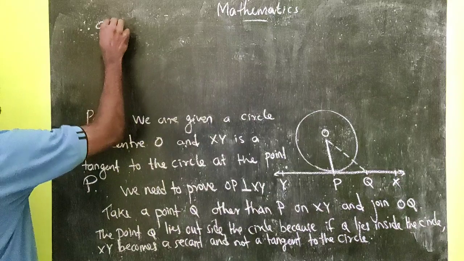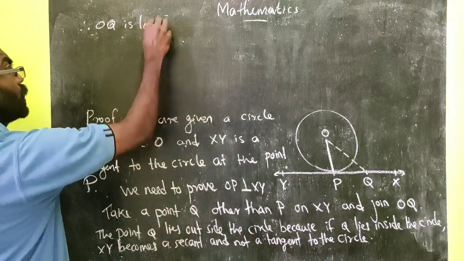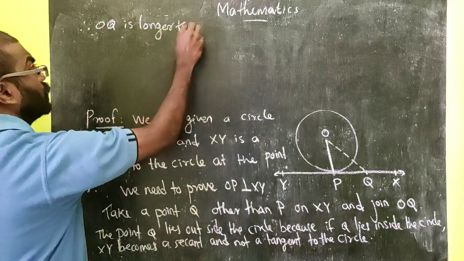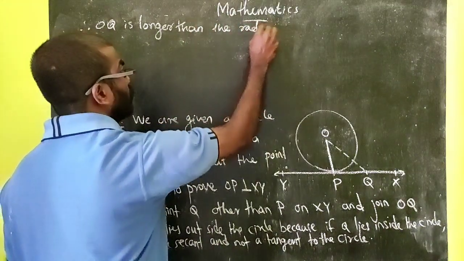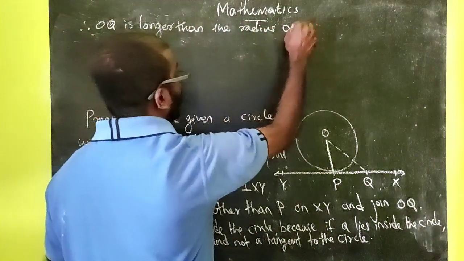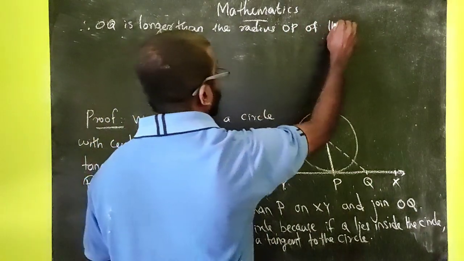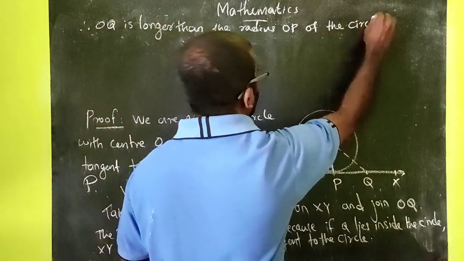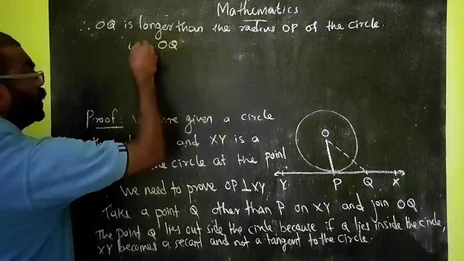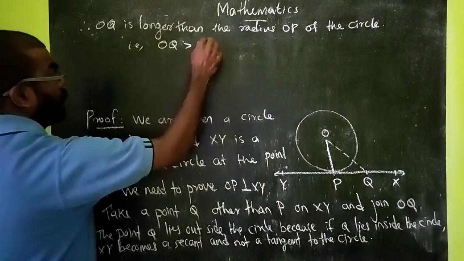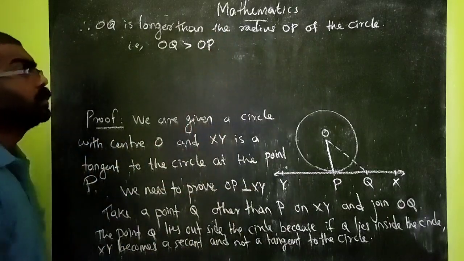Therefore, OQ is longer than the radius OP of the circle. That is, OQ is greater than OP.